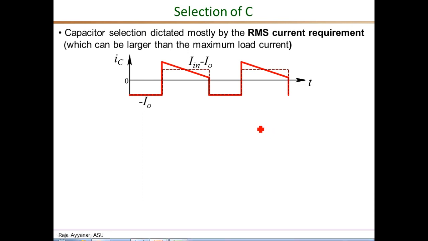So let's derive the RMS value of the capacitor current, and here is the capacitor current waveform. During the on interval its value is negative IO. It is supporting the complete load current, and during the off interval the IC is IL minus IO. So this is really IL minus IO.